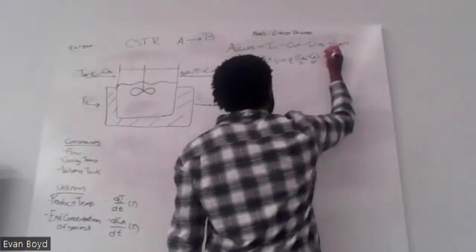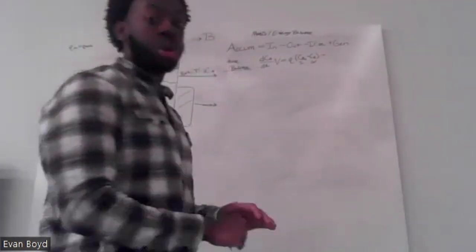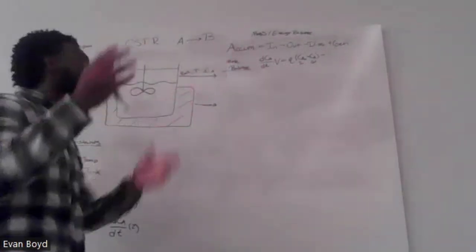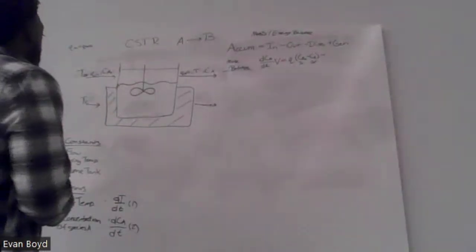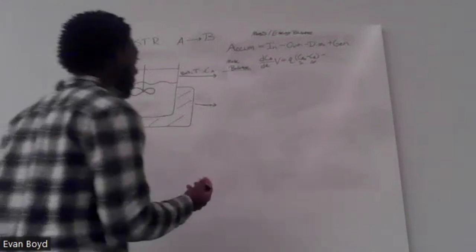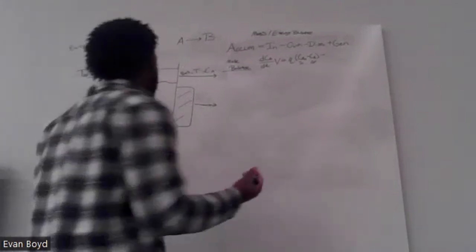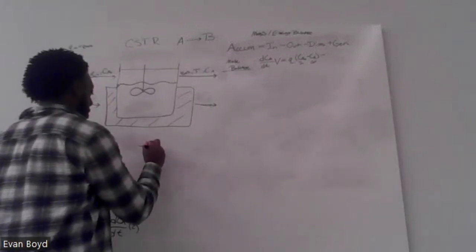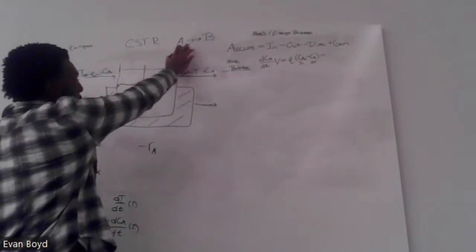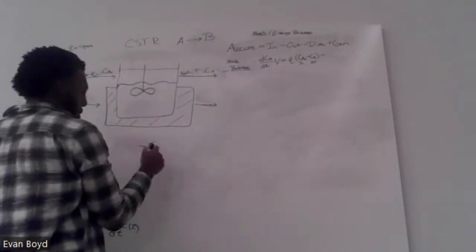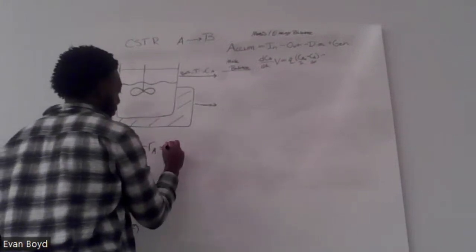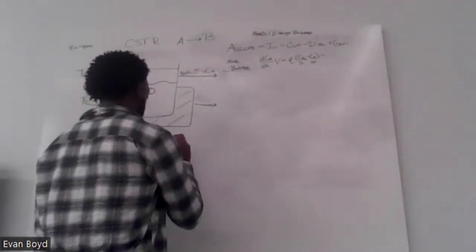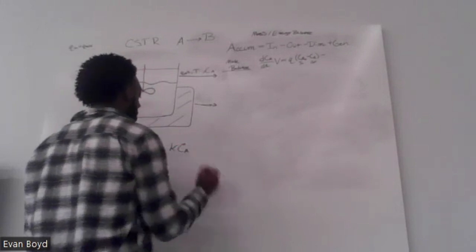Okay. And then next, desorption. We do have a deterioration of species A over time, which produces B. So we have a loss of A to then produce B. If you have taken reactions, you know that our rate of reaction is equal to the rate constant K times the concentration of your species.